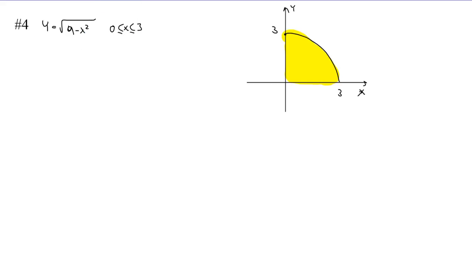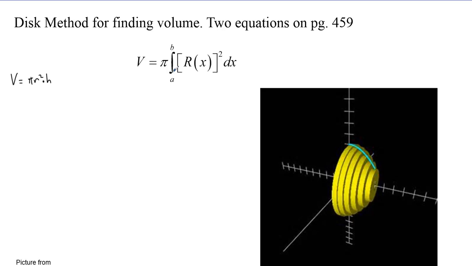So let's set it up the way that we had it in the directions. I go back up to this equation here, and my r is going to be the equation of the curve, that right there. I'm going to square that, find the definite integral of that function squared, and multiply by pi.